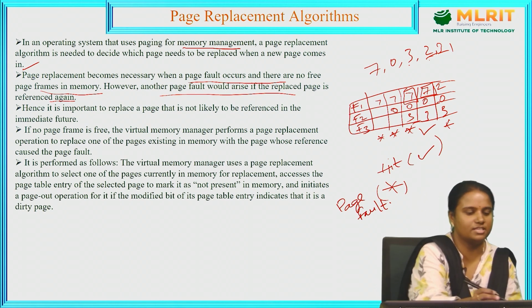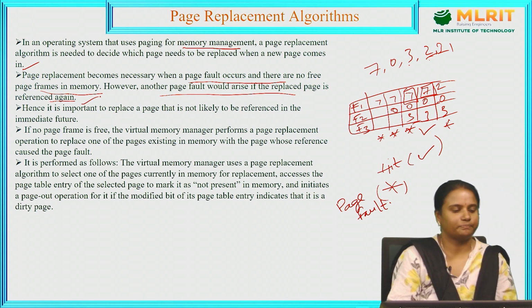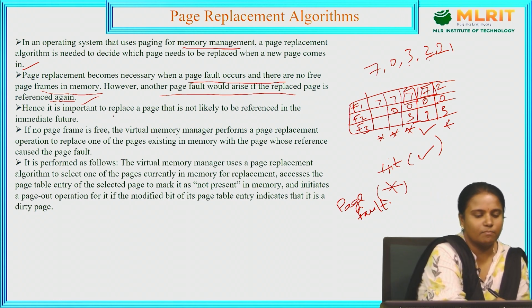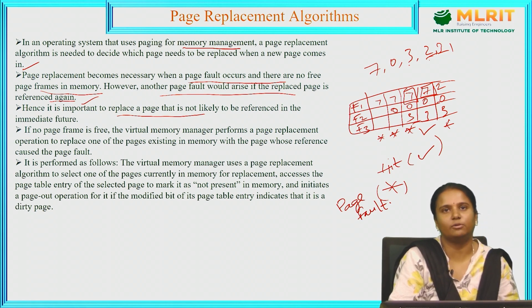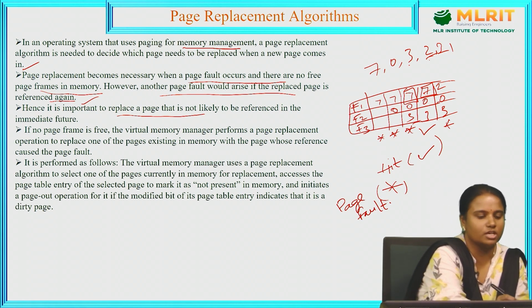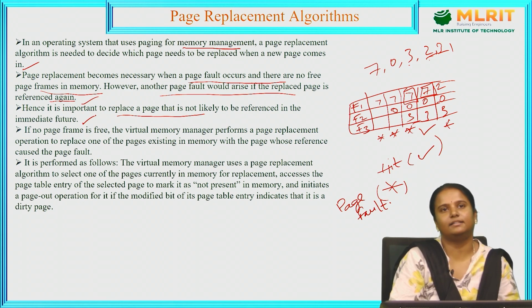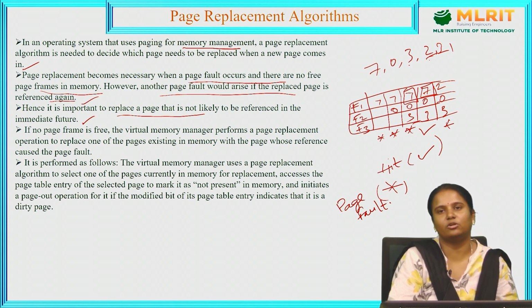That is what referencing again means. Hence it is important to replace a page that is not likely to be referenced in the immediate future. It cannot change immediately, though it may change in the future.